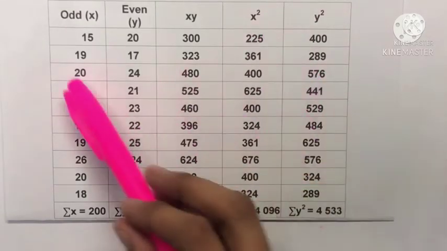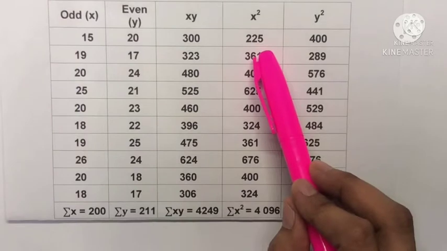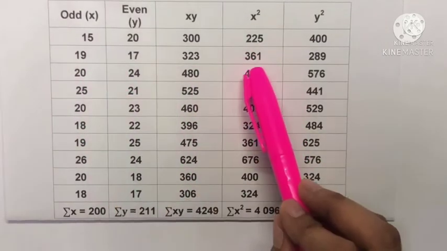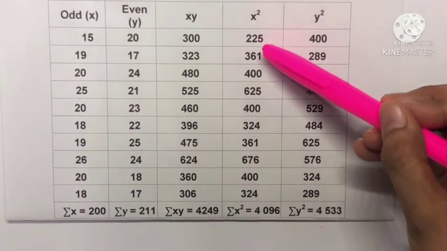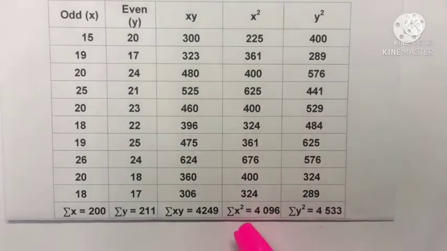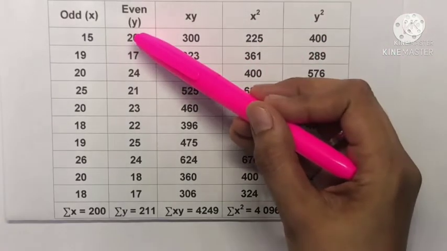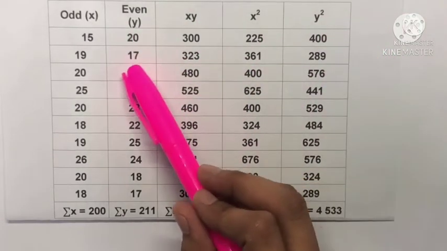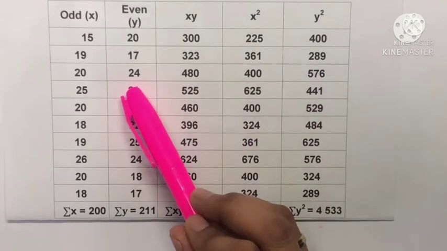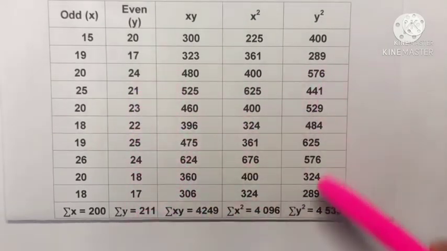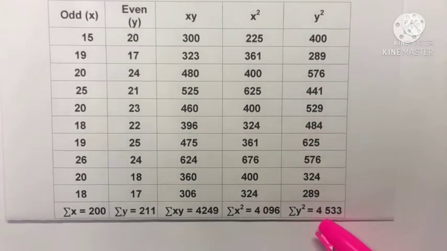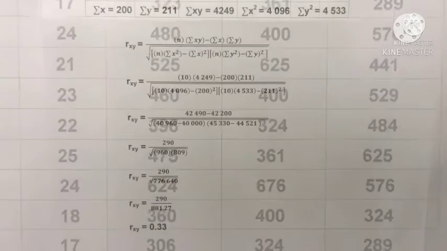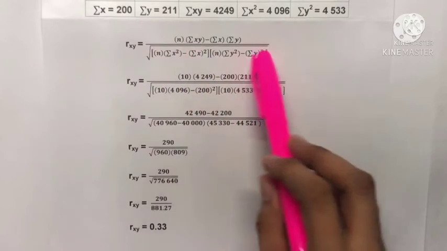For x squared, we have 15 times 15, 225, 19 times 19, 361, 20 times 20, 400, and so on. So we will just add all of this to get the summation of x squared is equal to 4,096. For y squared, we have 20 times 20, 400, 17 times 17, 289, 24 times 24, 576, and so on. So we will just add all of this. So the summation of y squared is 4,533.